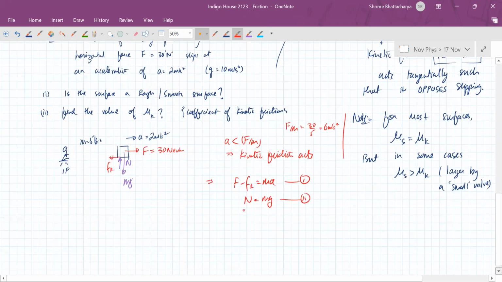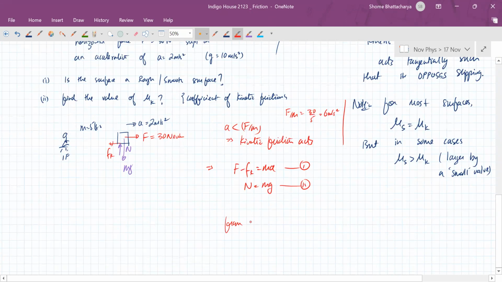So from the first equation, I get kinetic friction as F minus ma, so that is equal to 30 minus 10. So the kinetic friction is 20 newtons. And from the second equation, the normal reaction acting is equal to the weight, which is 50 newtons.